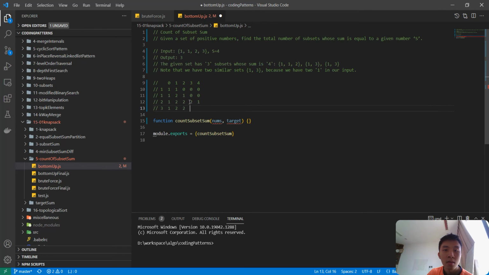3 here, 2 subsets if I skip 3 here. But if I take 3, which is something we can, because it's still less than or equal to our target sum, that would be me taking out 3 from 3 here.